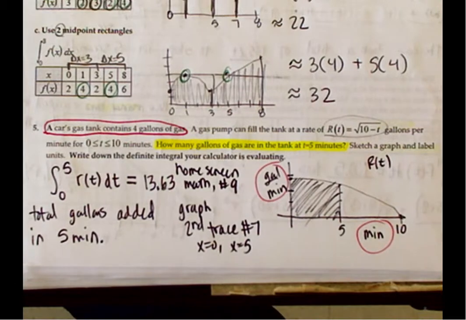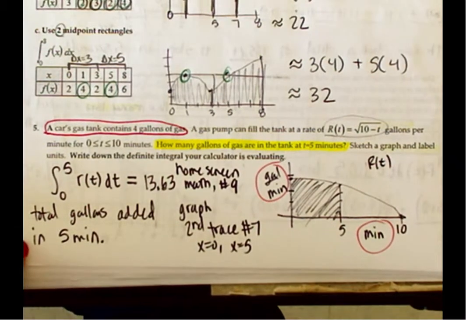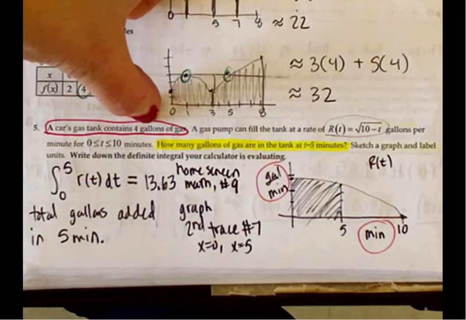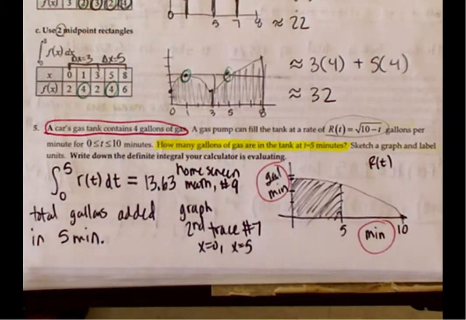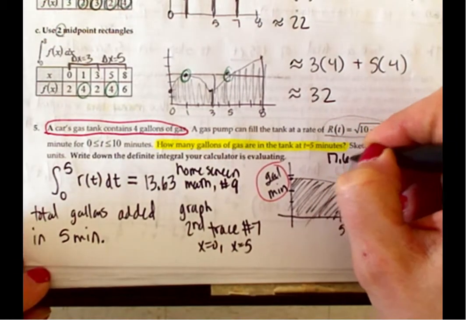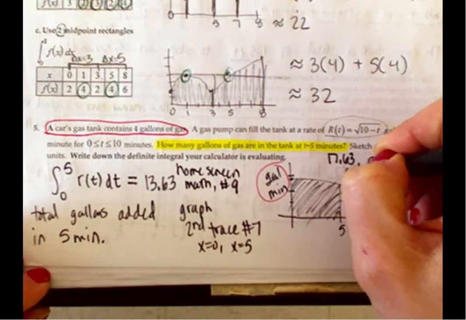One person. We'll wait for somebody else. 2, 3. That's it. 17.63. All I did is find the amount of change, but I actually started at 4 gallons. So make sure you're reading the questions carefully. And so the answer, 17.63 gallons.